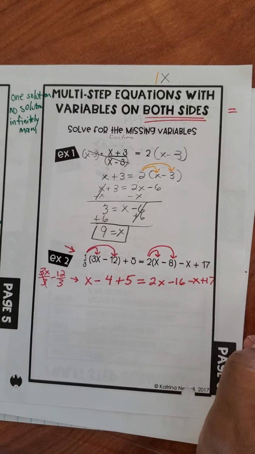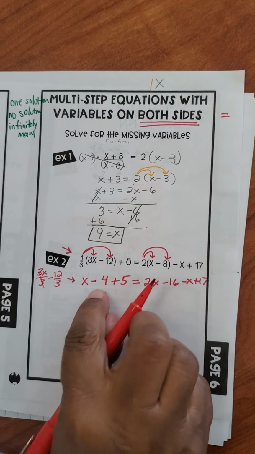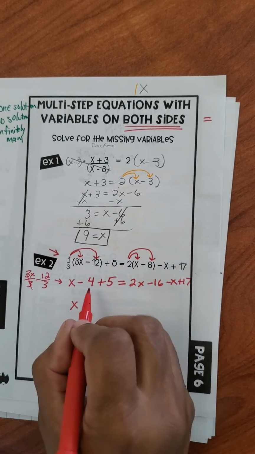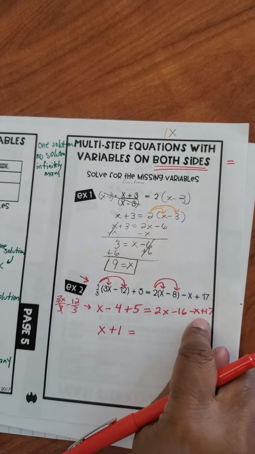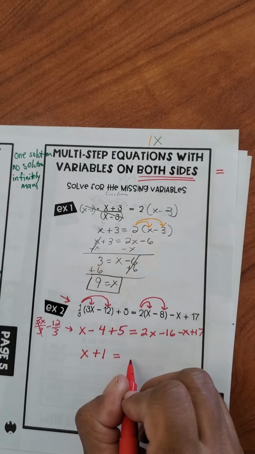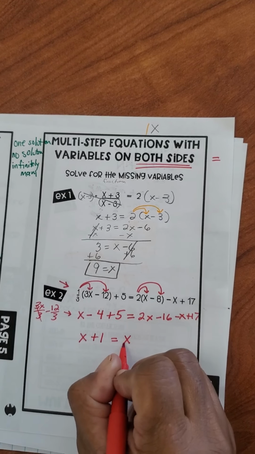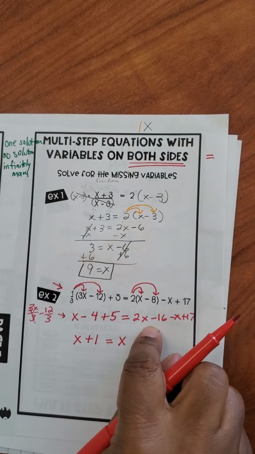Now we're going to combine like terms on both sides. X, since we are like terms, signs the difference, subtract, take the sign of the larger number, is equal to like terms 2x minus x. That's x. Negative 16 plus 17, signs are different.